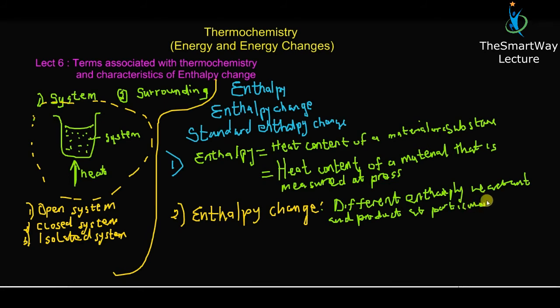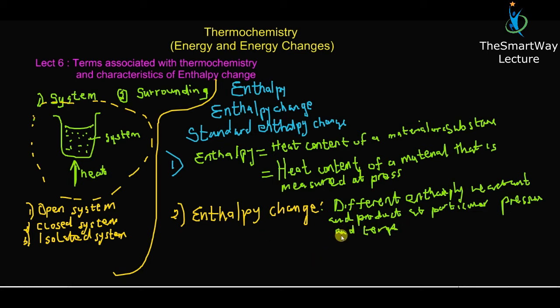When you don't define the pressure, you are losing the surrounding, and the surrounding has an effect on whatever you measure. So at a particular pressure and temperature, that's what we call enthalpy change.